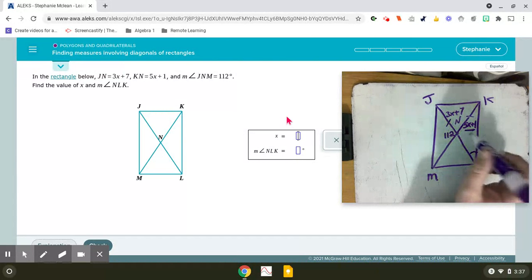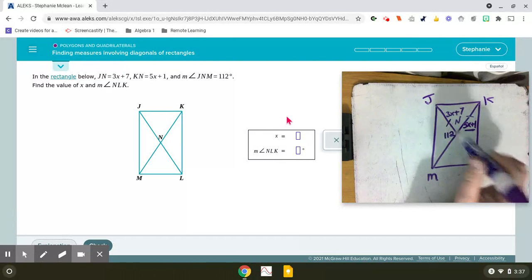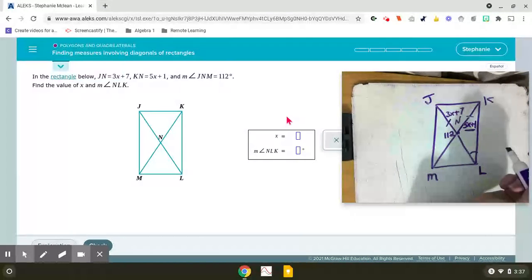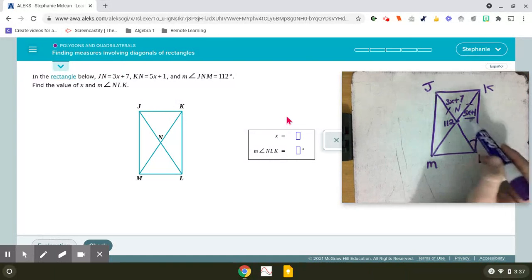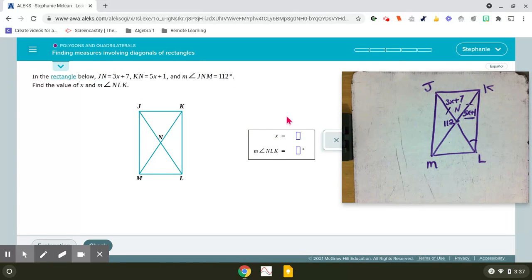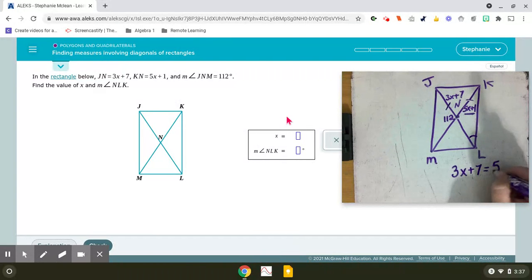That's a special case in rectangles. So I can set these two equations equal to each other and solve for x. I get 3x plus 7 equals 5x plus 1.